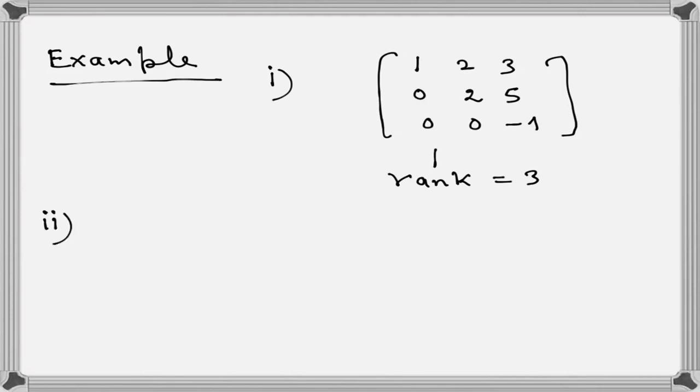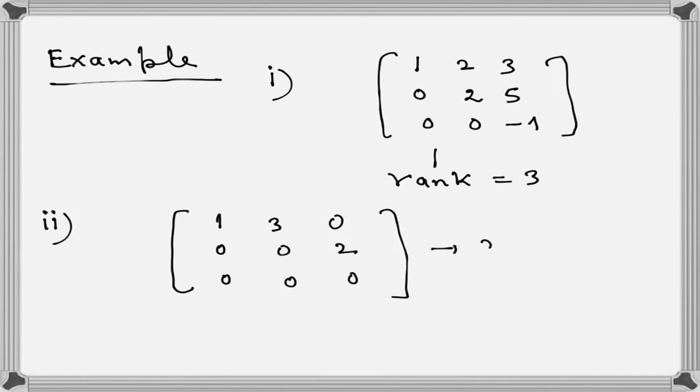Second example: let's say this is the matrix 1, 3, 0; 0, 0, 2; 0, 0, 0. Here also the second row has two zeros, so the third row has three zeros. For this, the rank is 2 because the last row is a zero row and the number of non-zero rows is 2.